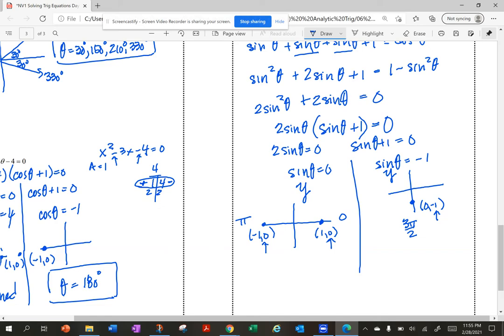When I give my answers, I'm doing it from 0 to 2 pi, so this is 0 and 2 pi. When I list my answers, I do them from least to greatest. So this will be 0, pi, 3 pi over 2, and coming back to the first one again, 2 pi.